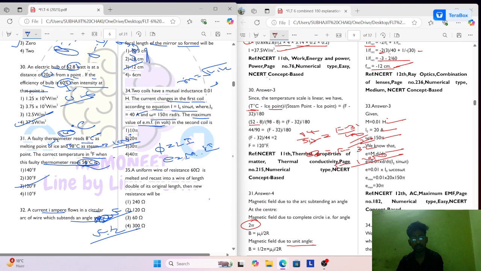For i it will be this, for j it will be 1 into 1, 0, and for K it will be minus 1, means minus 2. So minus i minus j minus 2K. So 6 into minus i minus j minus 2K. That means minus 12i minus 12j minus 24K. So about the origin, the Z component is minus 24. So option number 4 will be the correct option here.